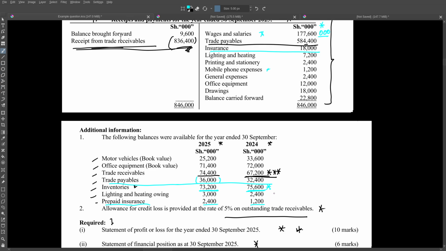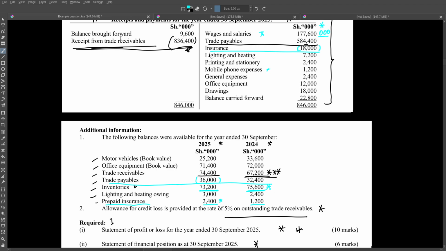It means that from this 18,000 during the period, you have 2,400 that is prepaid. That means it is for the next period, not as at 30th September 2025. The 2,400 is for the next period. It is a prepayment. So you can't say the insurance expense is 18,000.